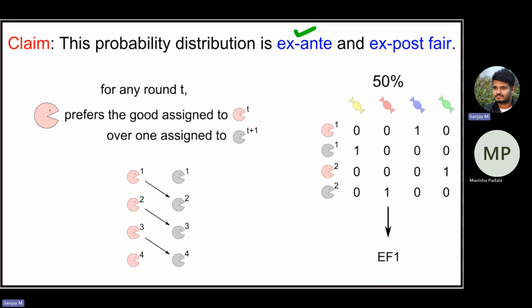Because the second agent having a 1 here means that at least some amount of it was left in the second time window. There's a 50% mass on this, so there's a non-zero fraction of it left in the second time window, meaning that good was still on the table. But the red agent still nibbled at the good that it got in time T, so it must weakly prefer that.